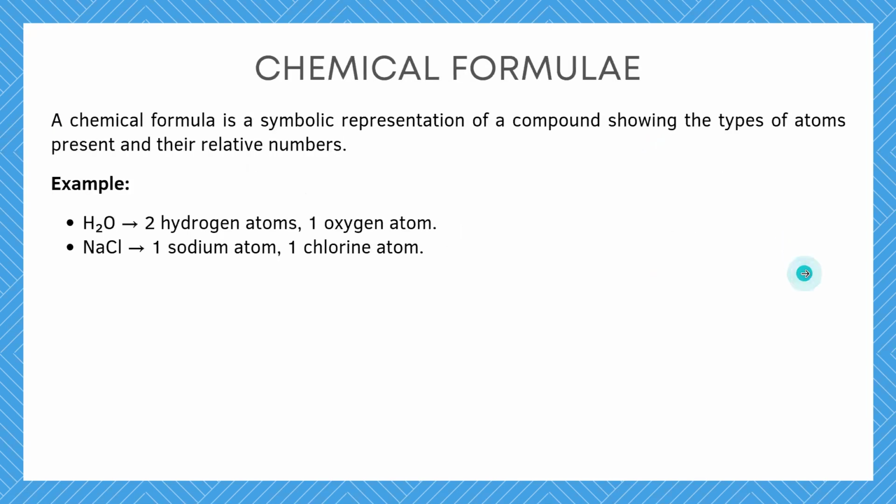All right then. So let's define what a chemical formula is. Are you with your notes? Yeah. Good. I want you to be writing. But before you write, can you see what's on the screen right now? Yeah. Good. Can you read it out for me? A chemical formula is a symbolic representation of a compound showing the types of atoms present and their relative numbers.